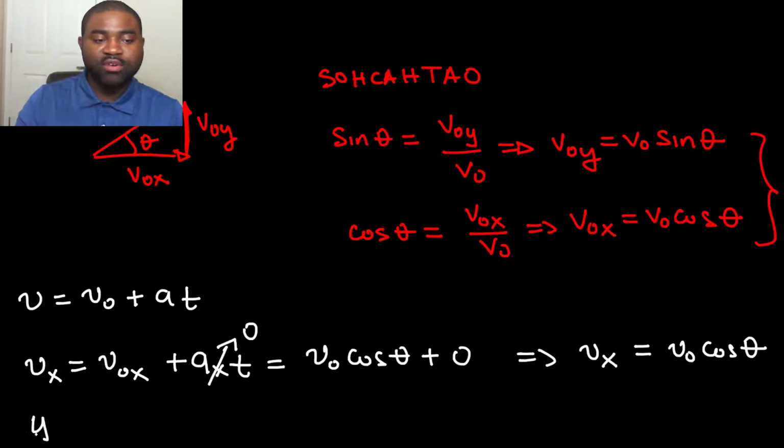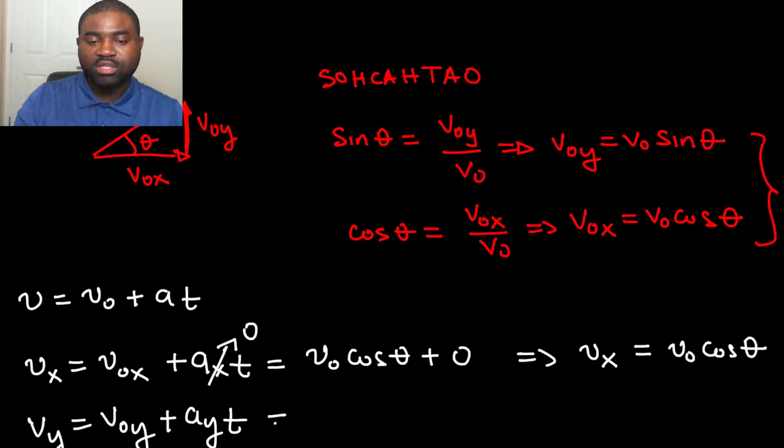Now in the same manner, vy is equal to v0y plus ayt. This is equal to v0 sine theta minus gt.